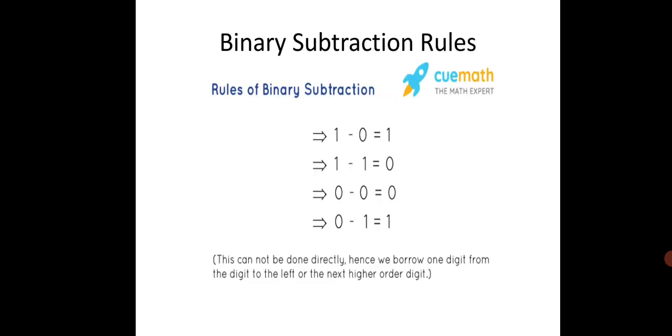Now we will see the binary subtraction. For binary subtraction there are again 4 rules. If A is 1, B is 0, that is 1 minus 0 it is 1. 1 minus 1 it is 0. 0 minus 0 it is 0. 0 minus 1 it is 1.